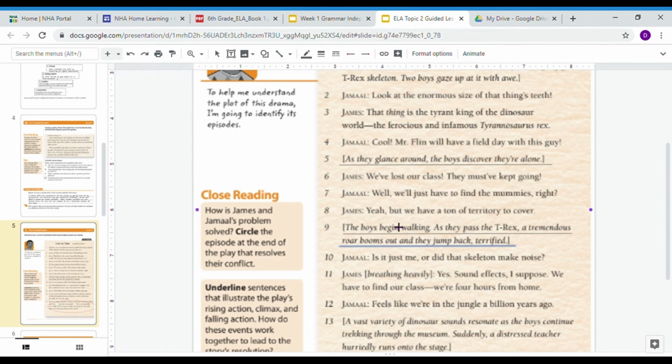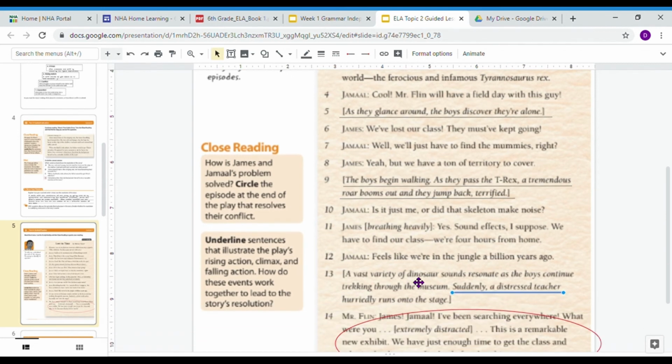And our falling action is right here. Suddenly, a distressed teacher hurriedly runs onto the stage. So that's like the final part right before the resolution. That's your event that leads to the solving of your problem.